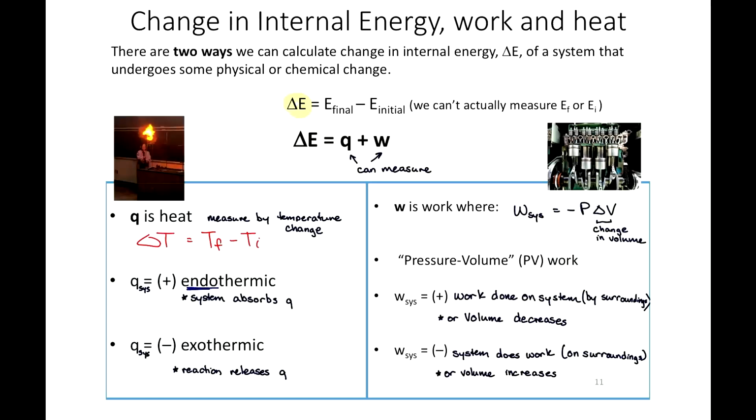Or you can just plug it right into that equation. If I squeeze on this balloon, on this reaction, how is the volume changing? If I squeeze on it, it gets smaller, right? So what is the sign of delta V if it gets smaller? Negative. So plug in a negative sign into this equation. A negative times a constant times a negative is what sign? Positive. So it works that way too.